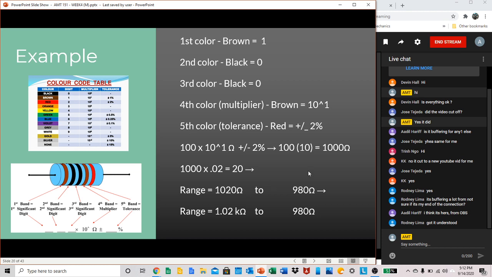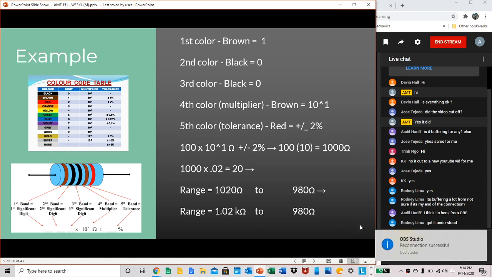So moving on in the formula, we have our 100 here, we multiply it by 10, that gives us 1,000 ohms, okay? Now, with 1,000 ohms, we want to find our range. If you don't know how to multiply by a percentage, you can go back and watch that video, it explains it more.